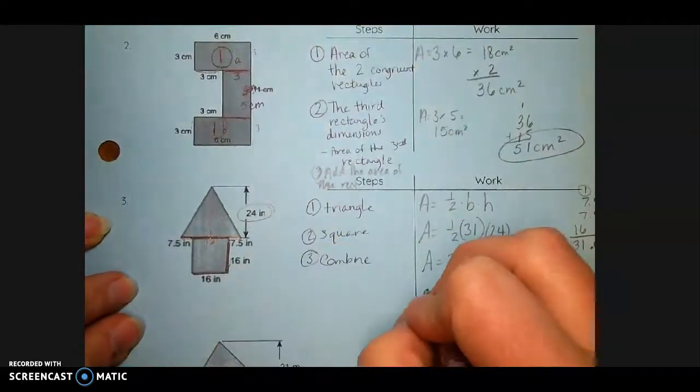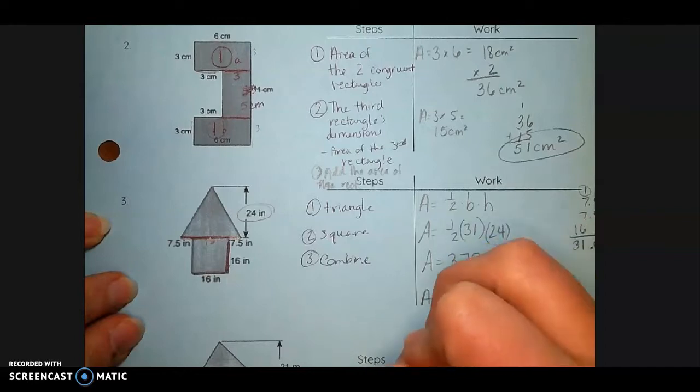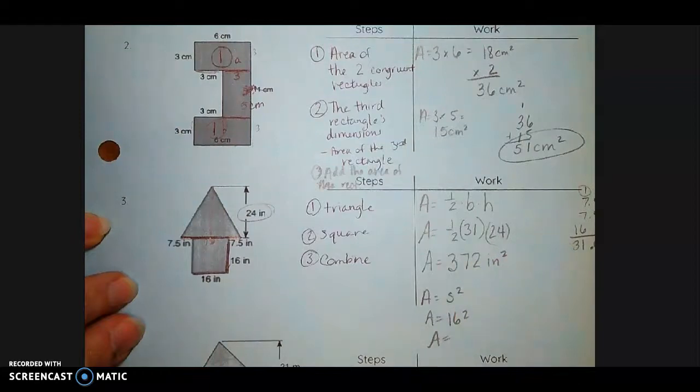My square here, I'm going to do my sides squared, so I get 16 squared, which is 256. And then I'm going to combine these. So I'm going to do the 372 plus the 256.